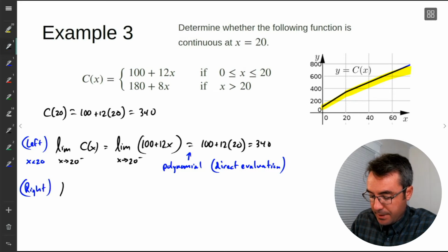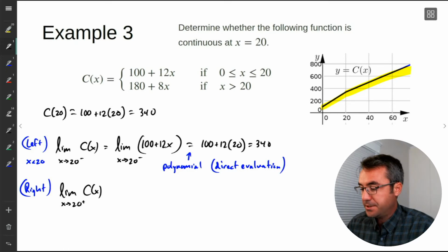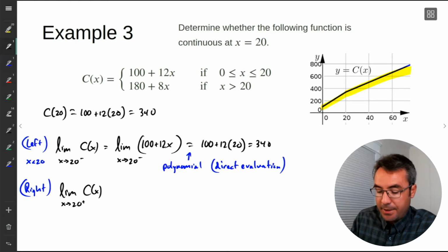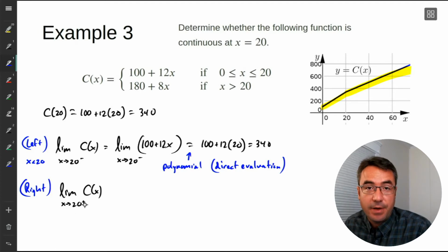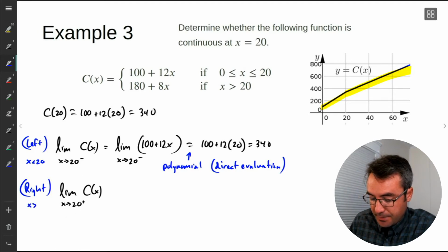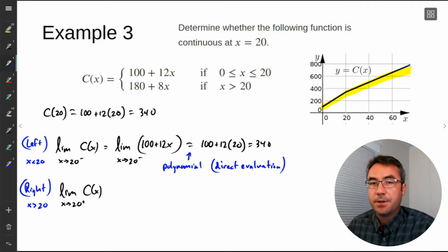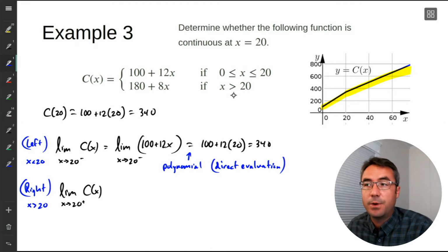So we're going to do the limit of our function c of x as x approaches 20 from the right. For our right-hand limit, x is getting closer to 20, but with slightly bigger values, so x is going to be greater than 20. We go to our pieces here and figure out which piece accounts for x greater than 20, and we see that right here.